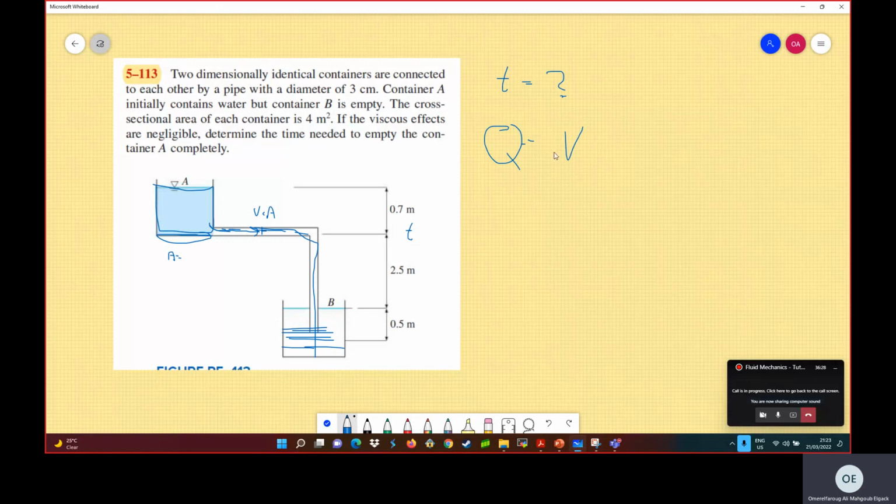So if you are able to find the volumetric flow rate Q, you can find the time.